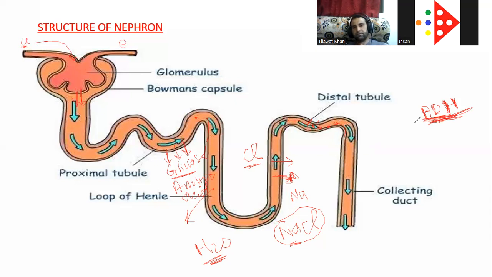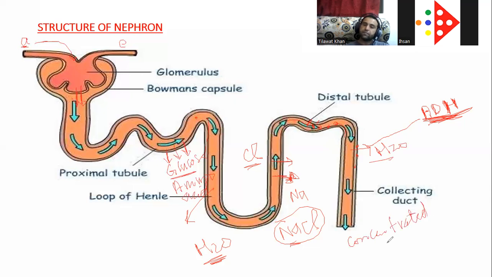If the water level is less in your body, that ADH hormone will increase the permeability of the cells of this collecting duct, and more water will come back toward your body from the urine, and the urine will become what? Concentrated.